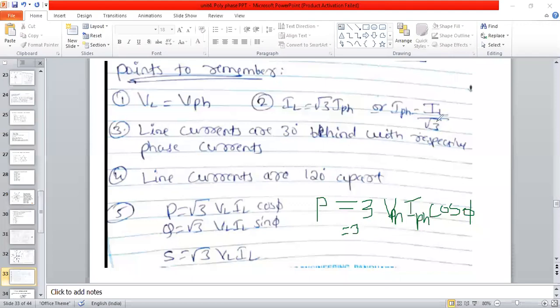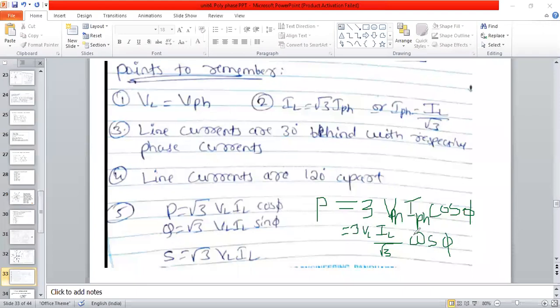IPH equal to IL divided by root 3. And cos phi as it is. 3 divided by root 3 is nothing but root 3. Root 3 VL IL cos phi. We got the power formula here.